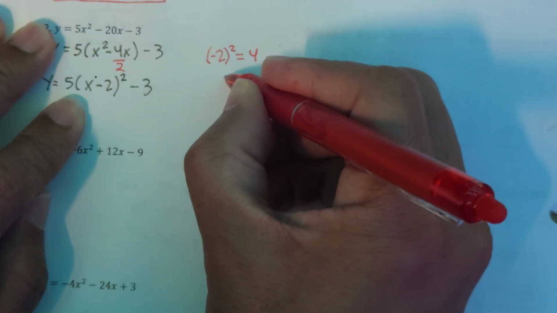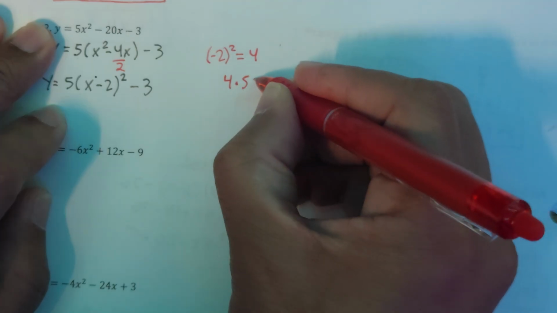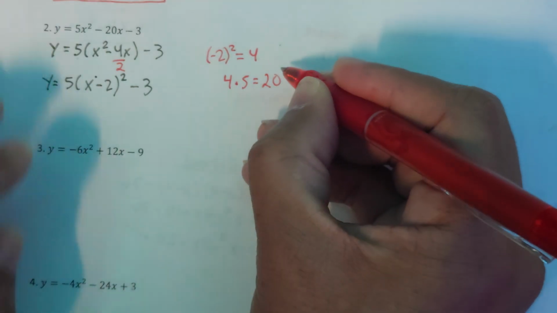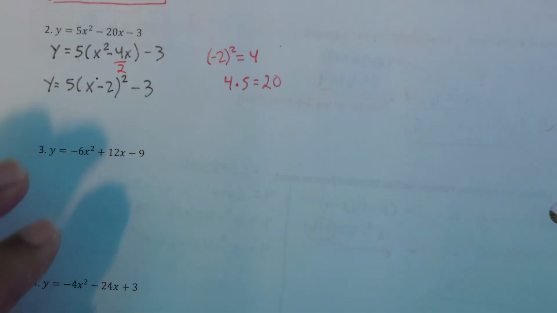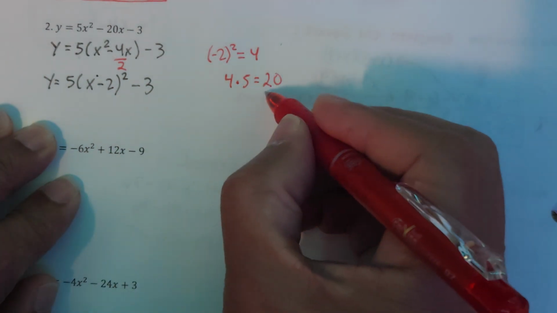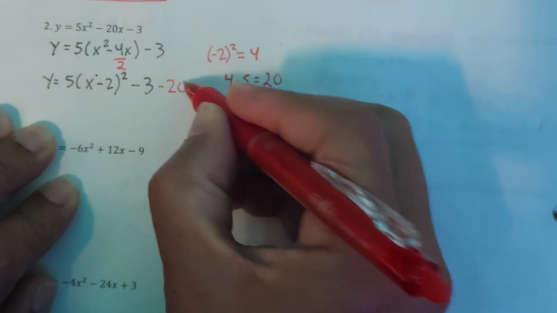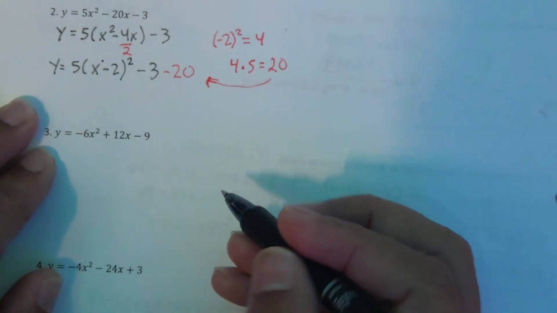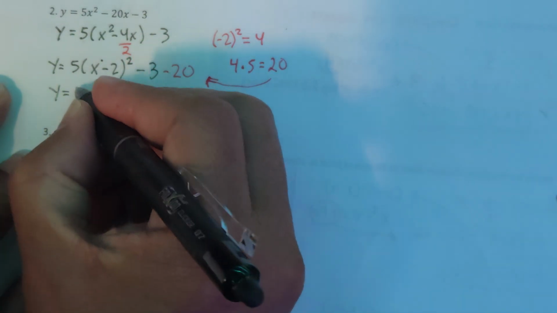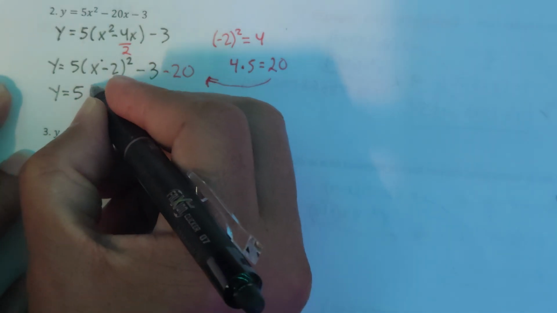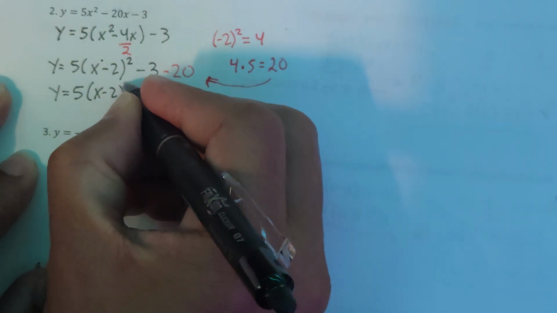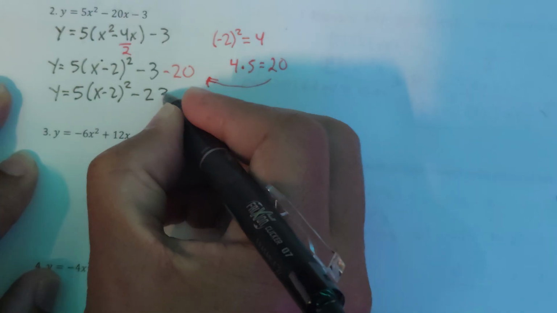So multiply 4 times 5, which is equal to 20. So then I know I need to undo this over here, which means I'm going to subtract 20. So then the equation becomes y equals 5 times x minus 2 squared minus 23.